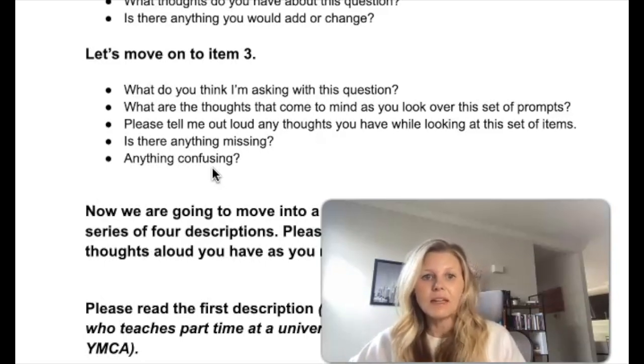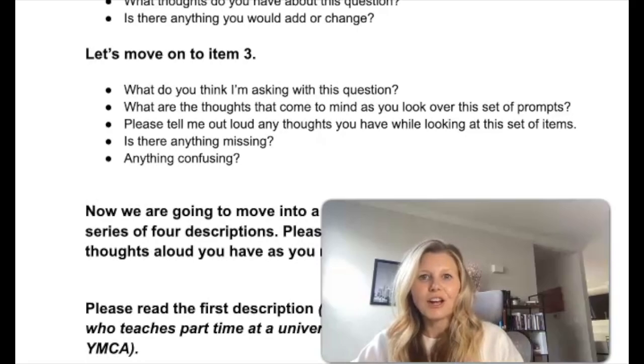Is there anything missing? Is there anything confusing? Those were some items that I came up with ahead of time. But then as we were talking, because it was a bit of a conversation, I did come up with questions on the spot that seemed fluid and right in that moment, that fit the conversation we were having. And in a semi-structured interview, you can definitely do that.